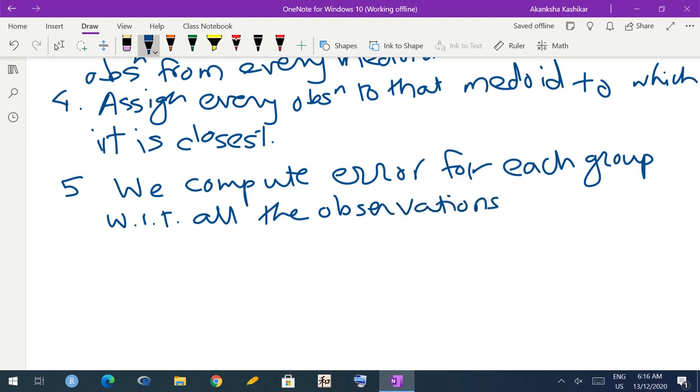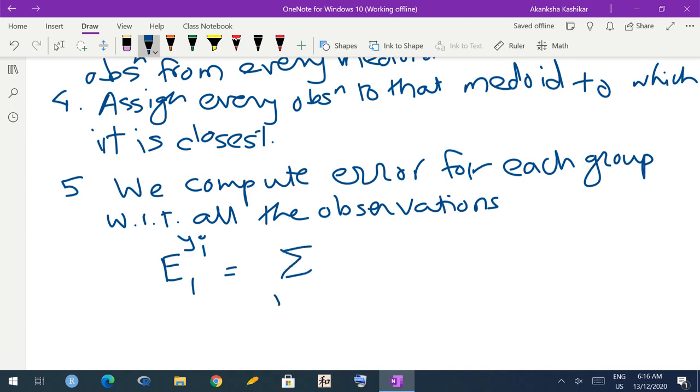What do I mean by that? For example, for the first group, I define a quantity E1,i as the error of the first group computed with respect to the ith observation. So what is this?